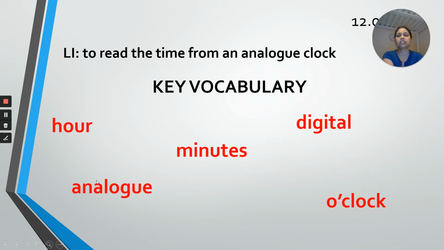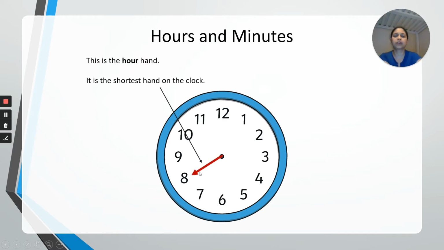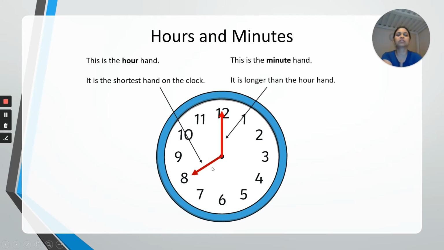Okay, so just a little recap. So hours and minutes, like I said, when we talk about the hour, we talk about the small hand on the clock being the hour hand. Okay, so it is the shortest hand on the clock. And then you've got your minute hand, which is the longer line on the clock.